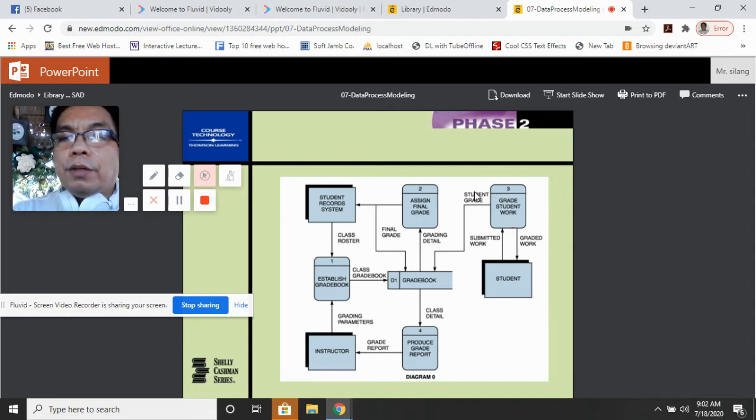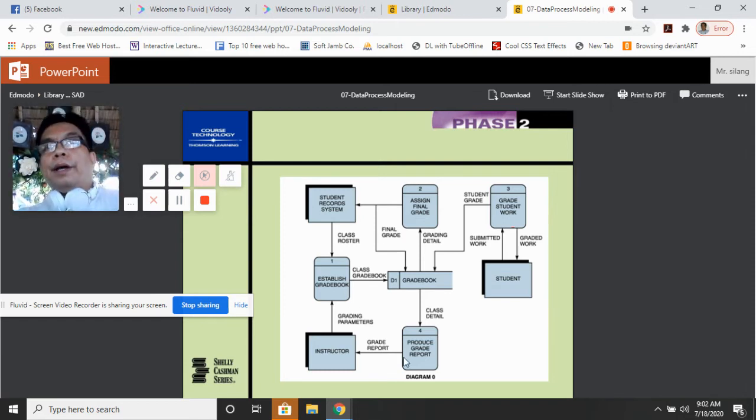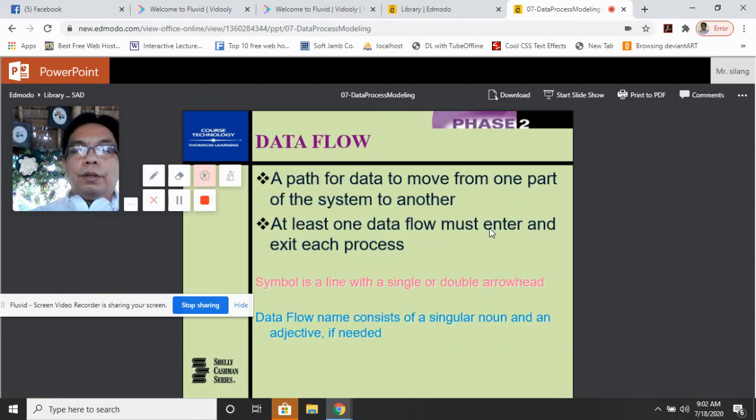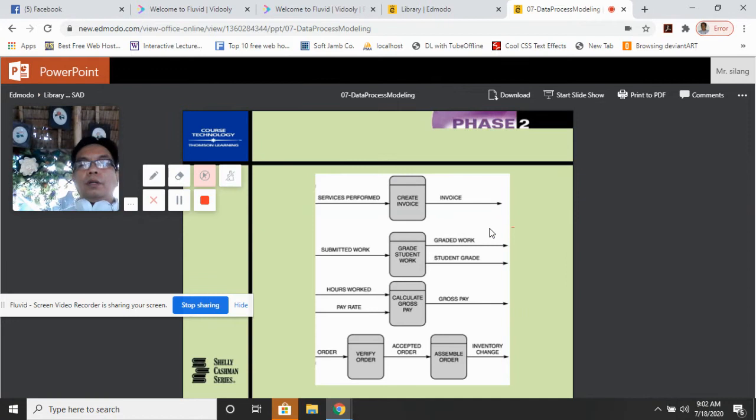What kind of grade? Student grade. The grading detail, the final grade. So these are the data flows in the diagram. Again, a noun, or an adjective and a noun. We only use an adjective if necessary. So that's data flow.